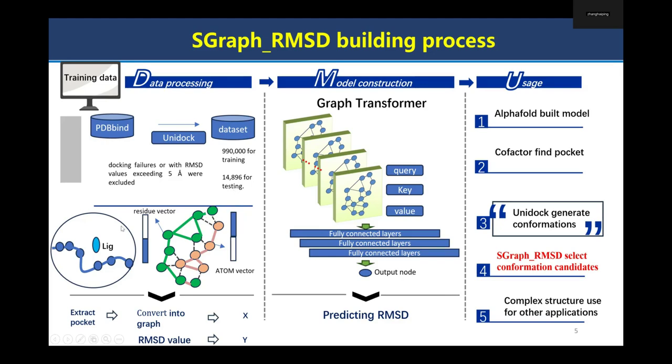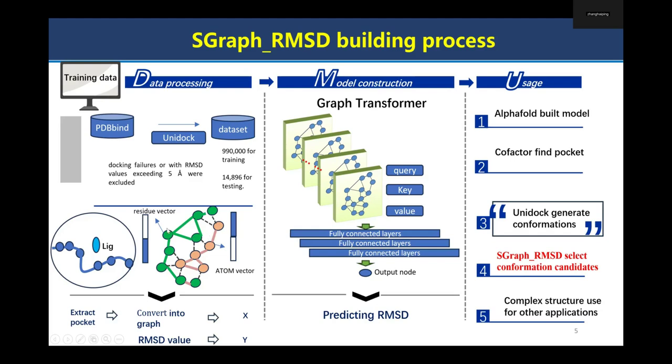After we got this data set, we transformed the data. We extracted the pockets around those ligands, for example using a cutoff of, I think, one nanometer away from the ligands as a pocket. Then after we got the pocket and the ligand, we converted them into a graph representation. We use a single graph to represent the interface information.